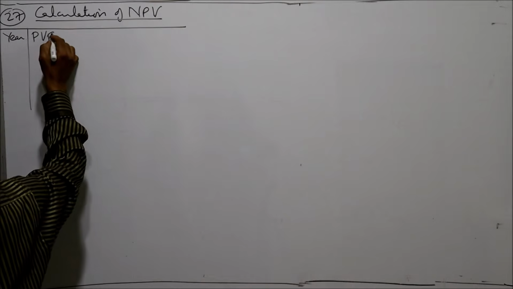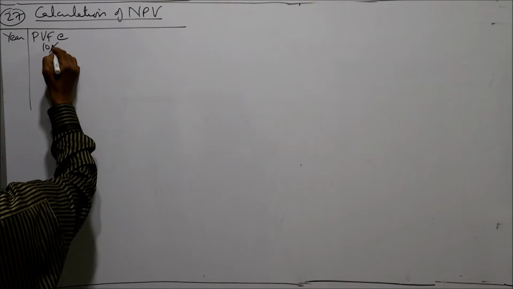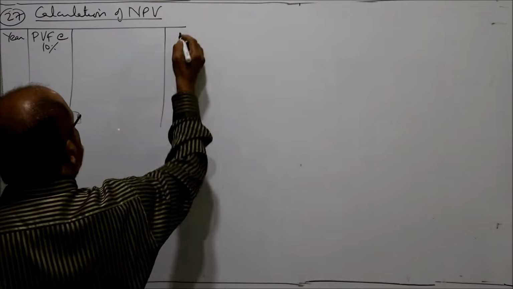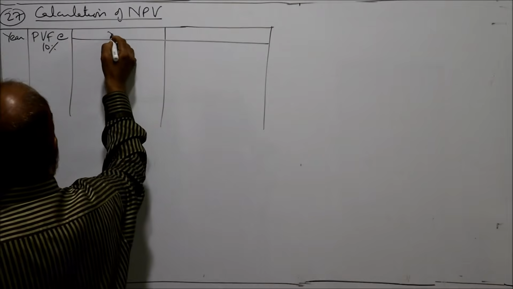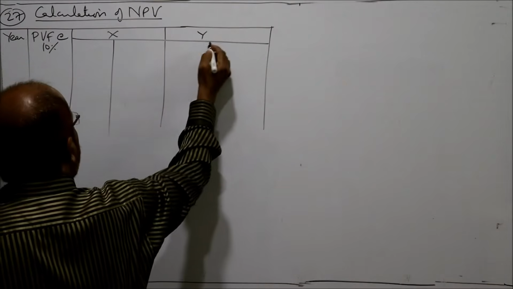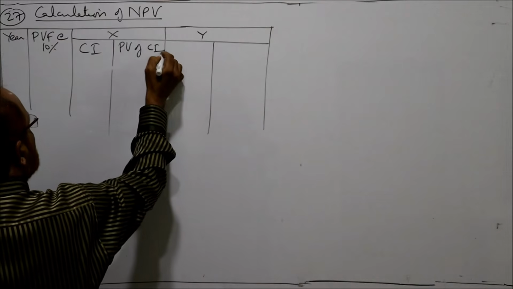Here PV factors at the rate of 10%. This is project X and this is project Y. Cash inflow, PV of cash inflow.